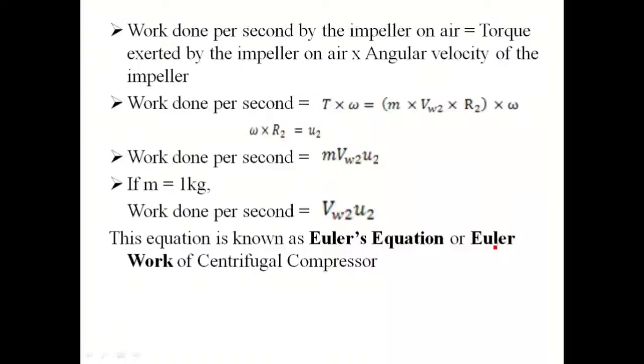So work done per second is equal to m Vw2 into U2. If we take m as 1 kilogram, work done per second becomes Vw2 into U2. This equation is known as the Euler equation or Euler work of centrifugal compressor. That's all for now.